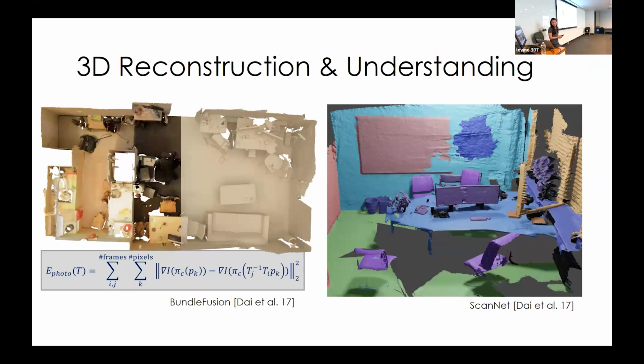So during my PhD, I worked a lot on how to potentially reconstruct these environments. So this is a bundle adjustment formulation for RGB-D frames that can do real-time reconstruction. And that enabled us to collect a lot of scenes at scale.